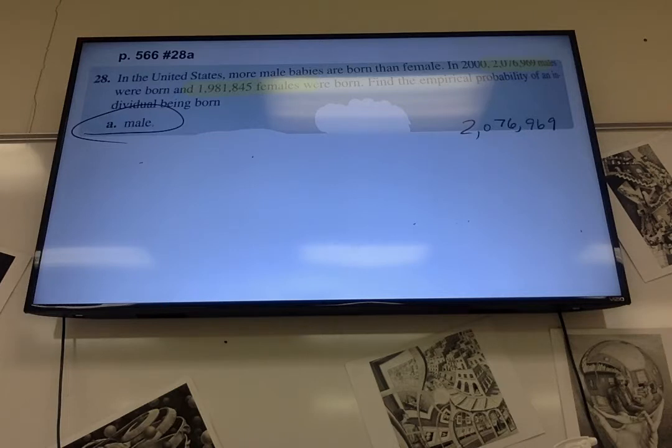We want to find the empirical probability of an individual being born male. You don't have to write down that problem. You can if you want to.